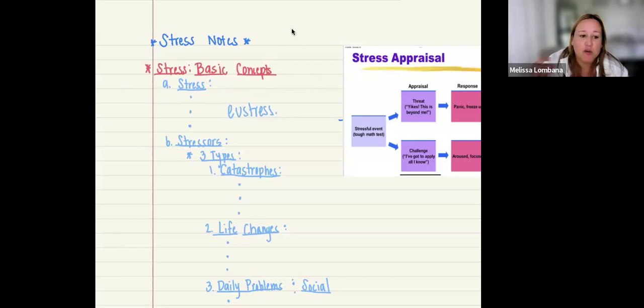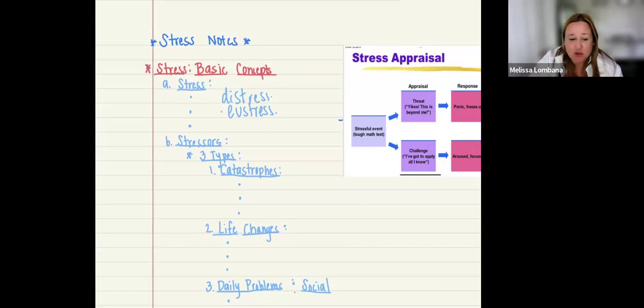Okay, so next bullet, stress can be negative, and if it's negative, it's called distress. And if it's positive, which motivates you, forces you to accomplish or achieve a goal, that would be called eustress.